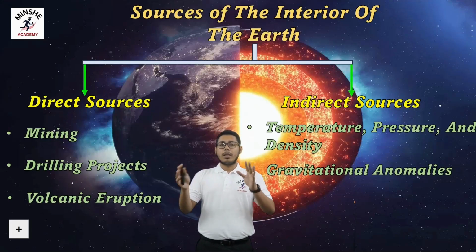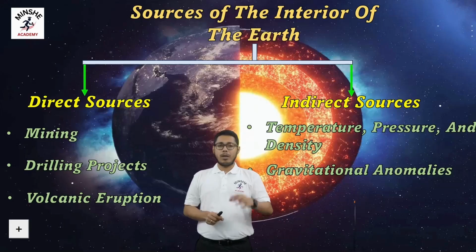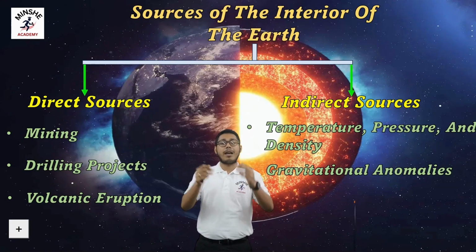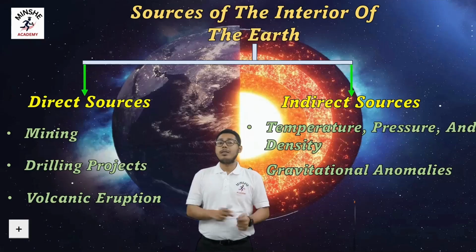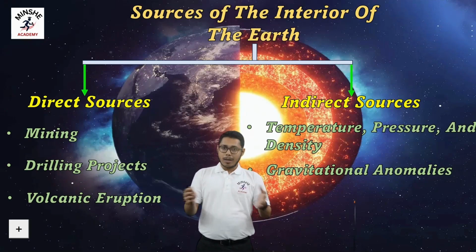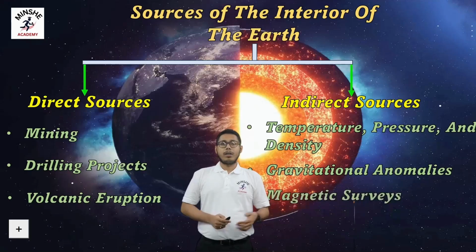Obviously it has been noticed that the gravitational force is not the same everywhere when measured from satellites. There are scientific ways of measuring gravity from satellites, and it has been observed that there is a difference. So this indicates there is a difference in the distribution of minerals along the surface of the earth or in the earth's interior.